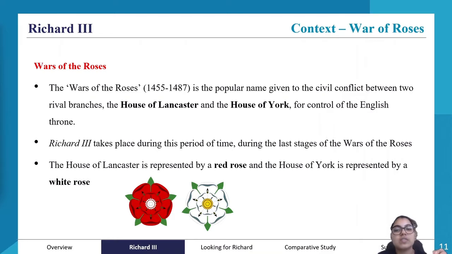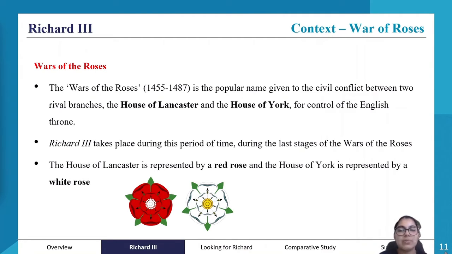The War of the Roses occurred between 1455 and 1485, so pretty long, 32 years. It is the popular name given to a civil conflict between the House of Lancaster and the House of York. Both come from the same family, the Plantagenets. You might have seen in the play where Richard is referred to as a proud Plantagenet.